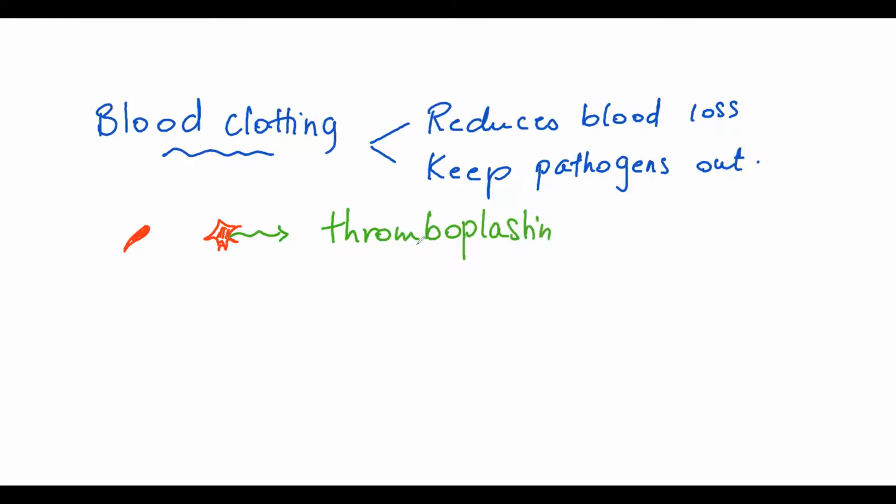This thromboplastin, of course, will be released in the plasma, and in the plasma there are calcium ions, always there. But the thromboplastin, together with calcium ions and another substance, which is vitamin K, altogether they are going to activate an inactive enzyme that is found in plasma.